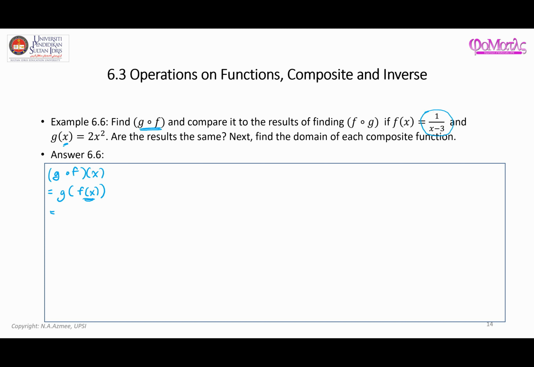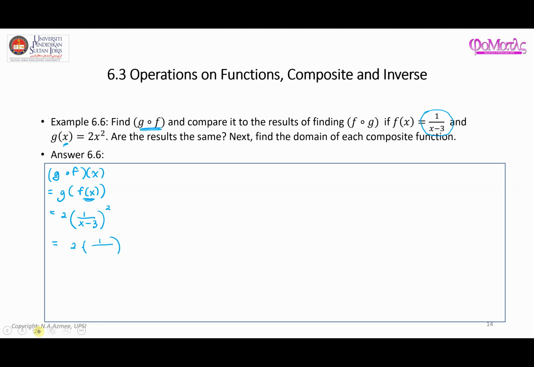So now the answer will be 2 times, what is x? x is 1 over x minus 3, squared.